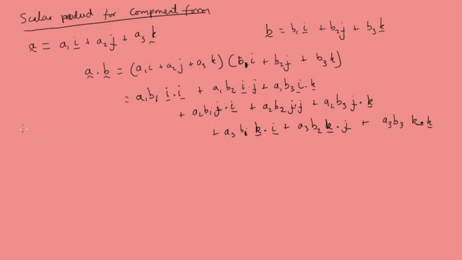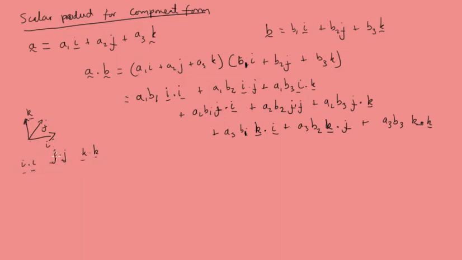Now let's think of our unit vectors. Let's just draw them here. We've got i, we've got j, and we've got k, all perpendicular. So what did we just say? Vectors that are parallel, so i dot i, j dot j, and k dot k, they're all parallel.